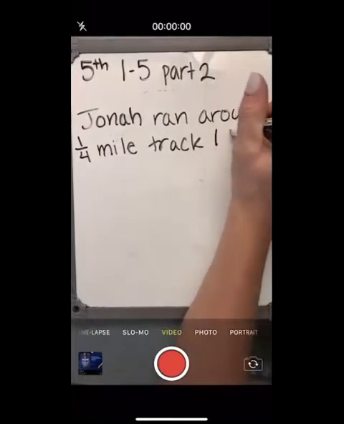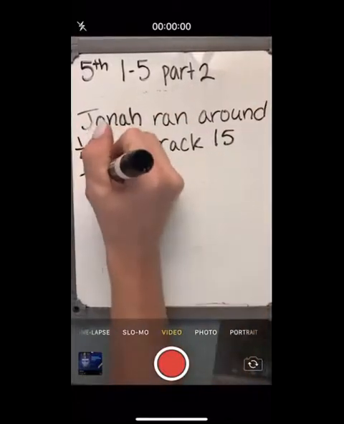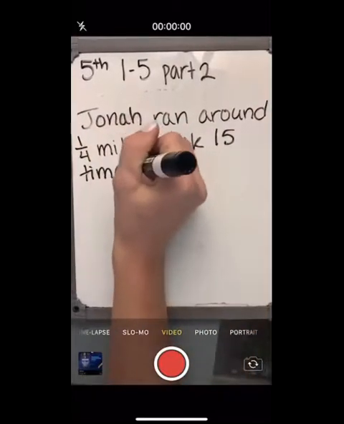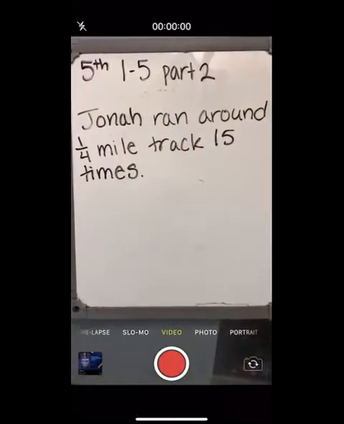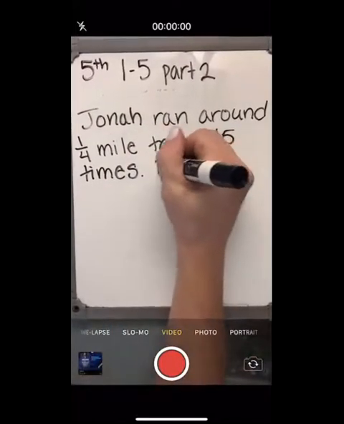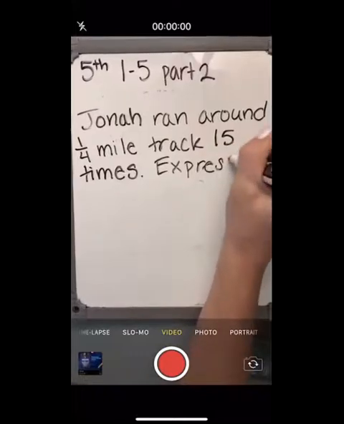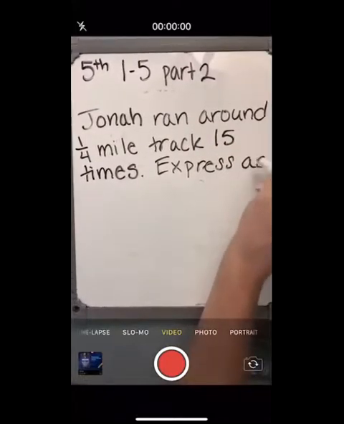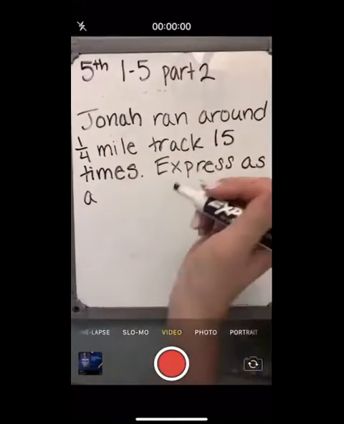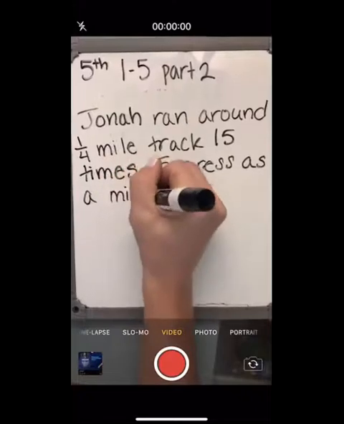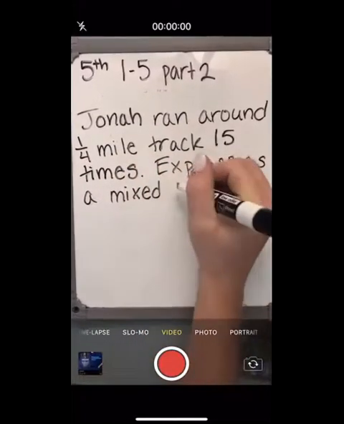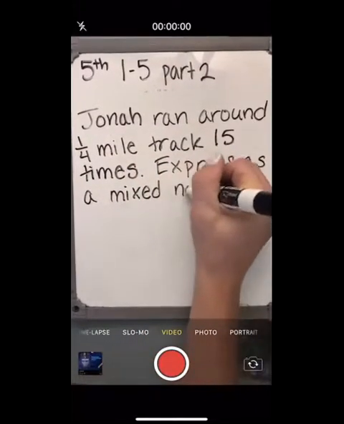So Jonah ran a lot of laps. So now we are asked to express this as a mixed number. So hopefully you know that a mixed number has a whole and extra remaining pieces, not just a fraction, not just a numerator and denominator.